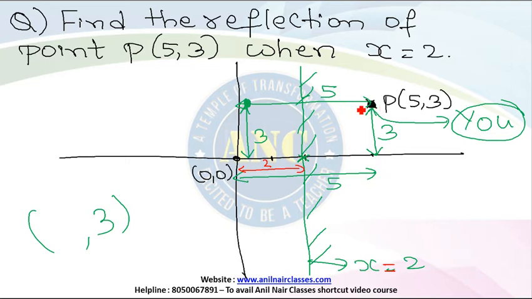I am sure that you will not find any difficulty in getting the answer for this kind of question. What is the distance from point P to this mirror? There is a distance of 2 units, right? From point P to this mirror, there is a distance of 2 units.